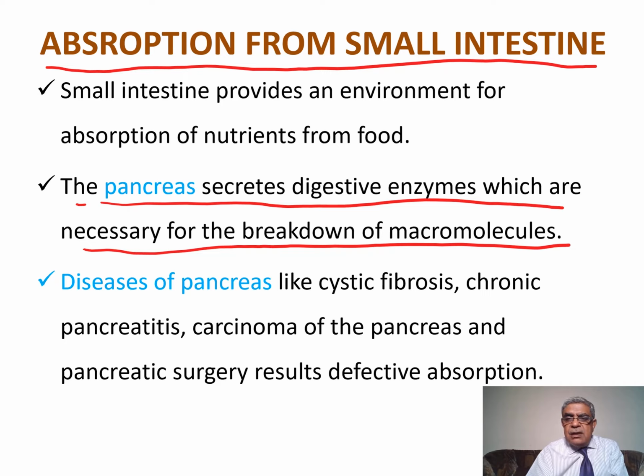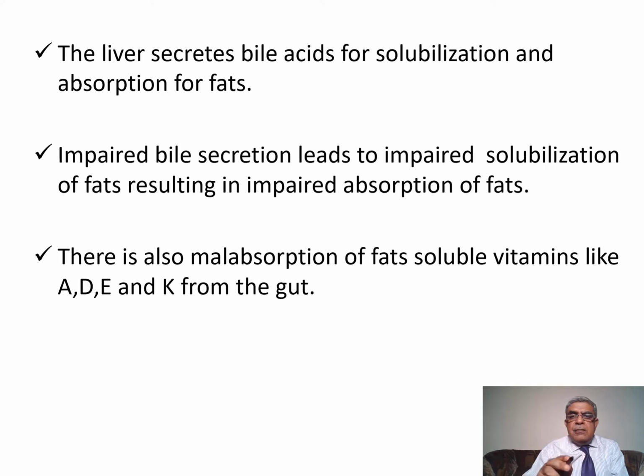Diseases of pancreas like cystic fibrosis, chronic pancreatitis, carcinoma of the pancreas, and pancreatic surgery result in defective absorption because the function of the pancreas is disturbed. With the result, the pancreas is not performing its function, so there is impaired absorption. The liver secretes bile acids for solubilization and absorption of fats.